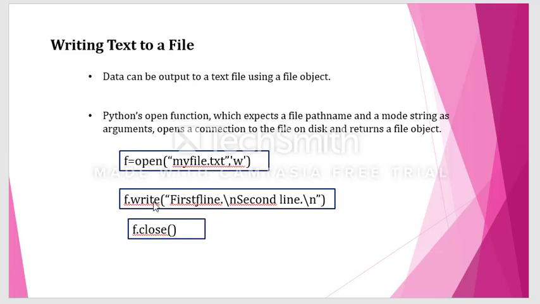After opening and writing something in that file, I close it with the function f.close, because we are done with the file. So we open the file in write mode, write something, and close the file. f.close is the function which closes the file.